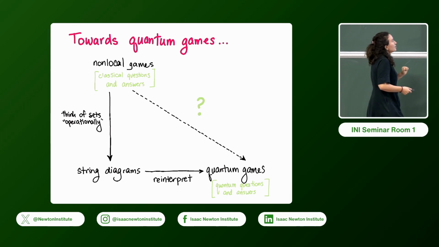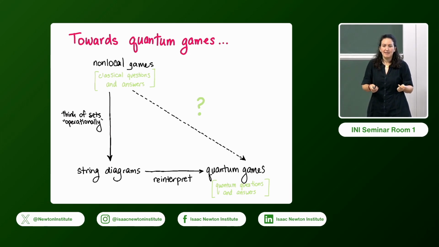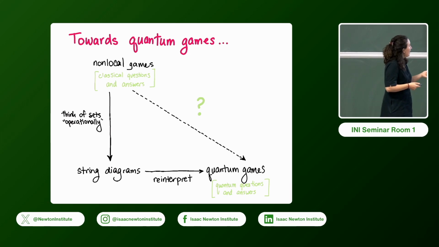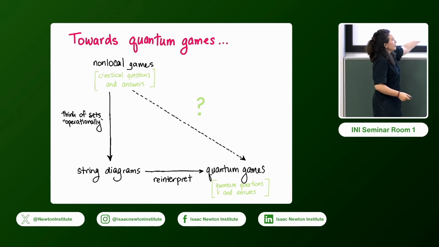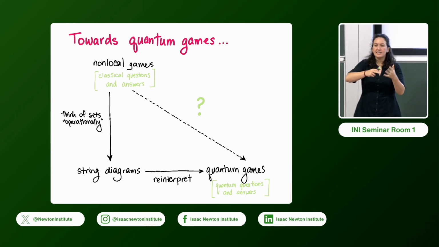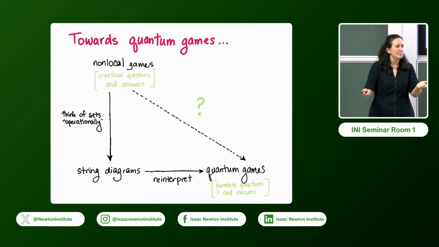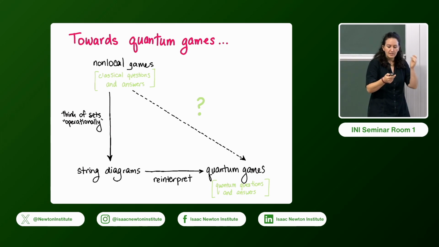And so the way I decided to do it was to think of sets operationally, and I'll say what that means. And then that gave me some string diagrams that I can reinterpret after doing all the definitions classically. I can just take the same diagrams and say, well, this is what I mean by quantum games, quantum strategies, quantum correlations.